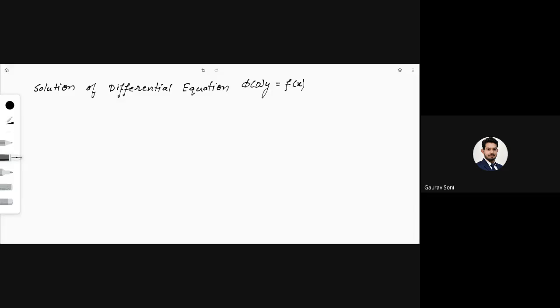The function, or in rough words, I will write down the value of y, satisfying the differential equation.